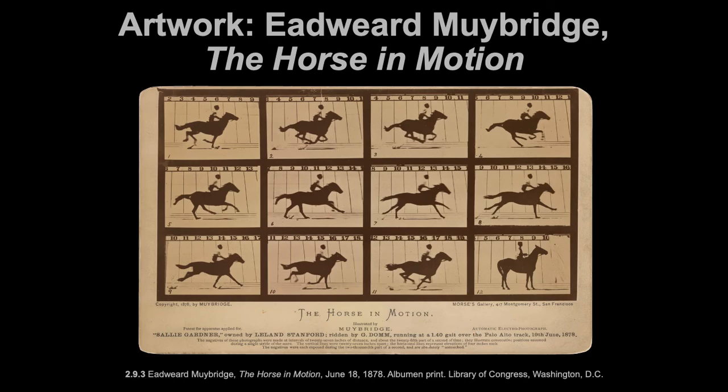Muybridge was the first one to document what happens over a series of movements. And this is kind of interesting because this was done because of a bet, whether or not the horse's feet actually all left the ground at the same time. And I feel like, okay, this was a $42,000 experiment, and that's a lot of money back in the day, to figure this out, but I kind of feel like we could have seen that.